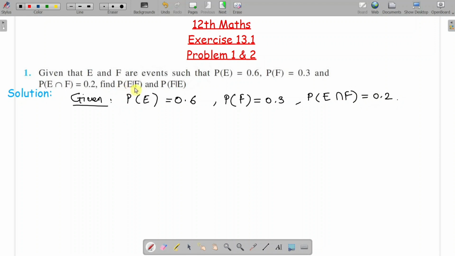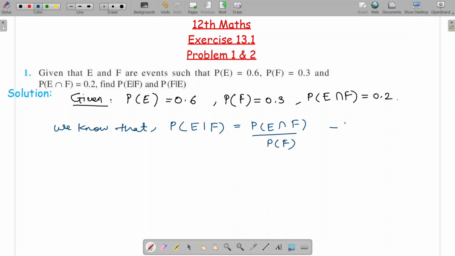Now what we have to find is the probability of occurrence of event E such that event F has already occurred. So let us see how we can find this. We know that probability of E such that F has occurred is equal to probability of E intersection F divided by P of F. This is by definition of conditional probability.